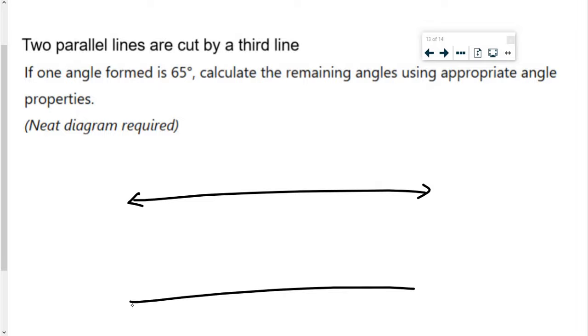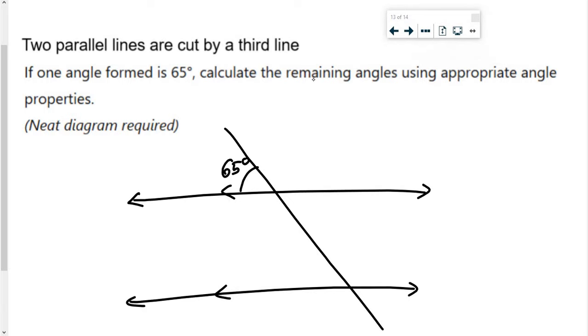Now these two lines are parallel. Now those two parallel lines are cut by a third line, like this. If one angle formed, maybe this angle, is 65 degrees, calculate the remaining angles using appropriate angle properties.